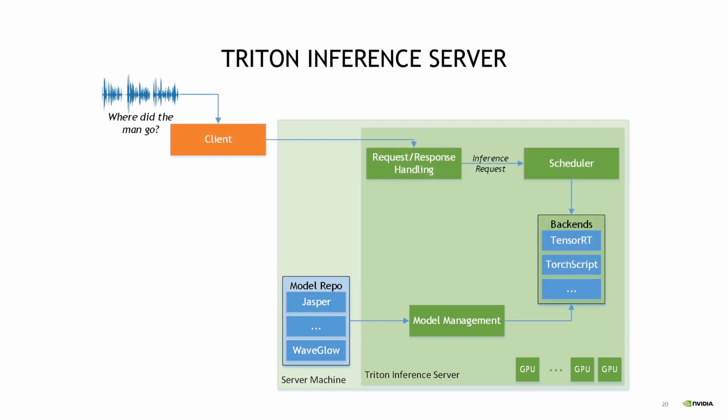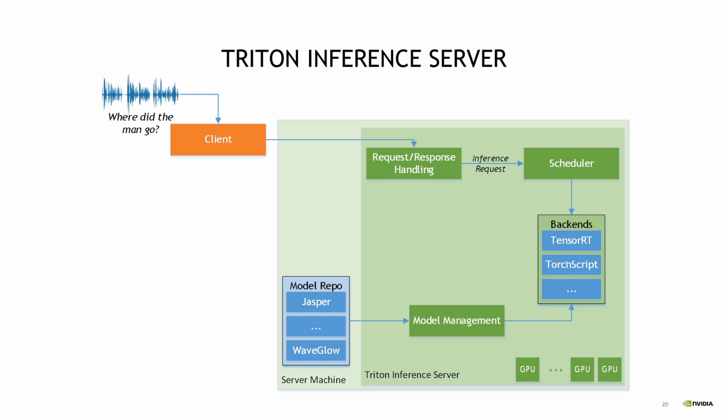In our application for conversational AI, we accept the audio on the client side from the microphone, and this audio is then sent to the Triton Inference Server. And because we might have many requests, these requests are managed by a scheduler that sends them to specific backends.